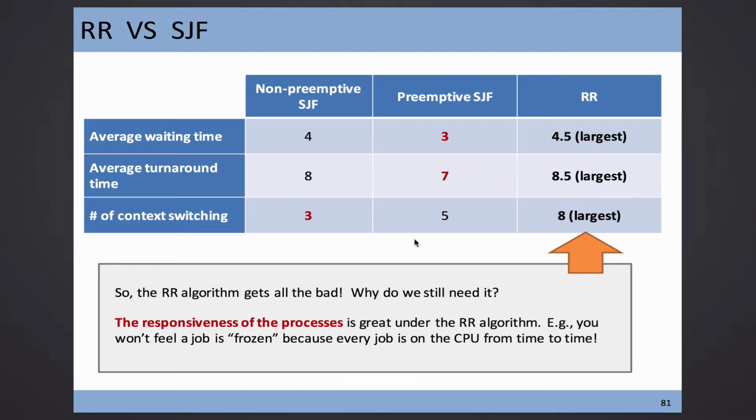RR is also fair. Every process receives the same amount of quantum, and everybody will be waiting approximately the same time for another round of scheduling. So it's fair and also has the same waiting time for everyone to get the next schedule.